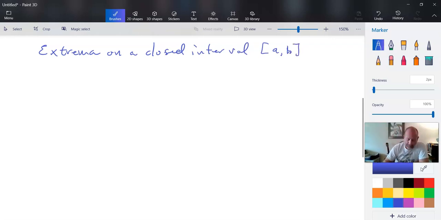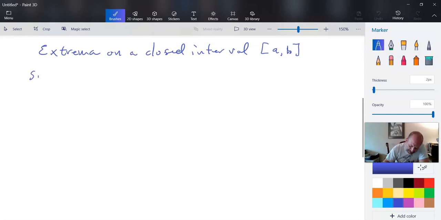Now, a little bit of Latin grammar. When we talk about a maximum or a minimum, that is singular. In normal English, you would say maximums or minimums, and I suppose you can here, but generally that's not how it's done.